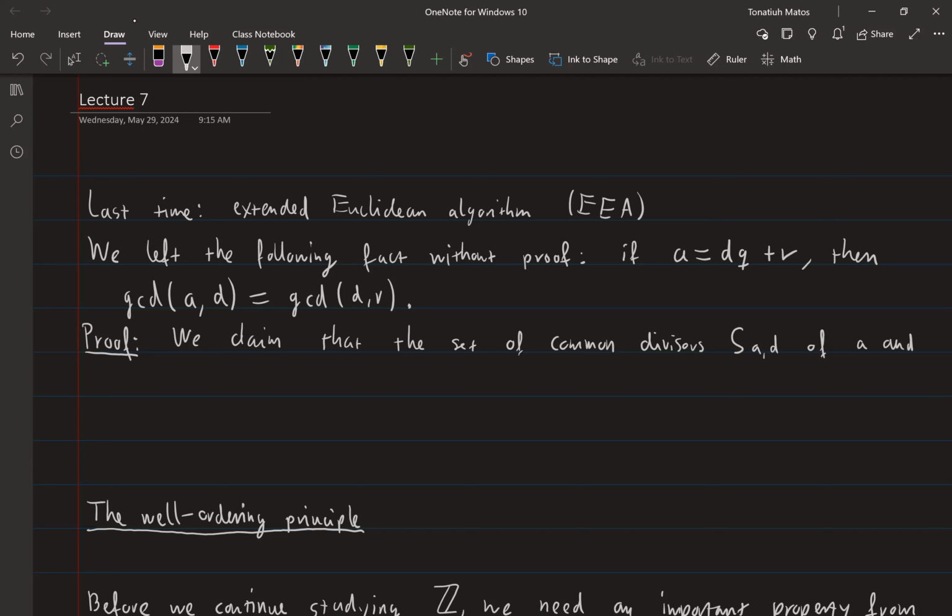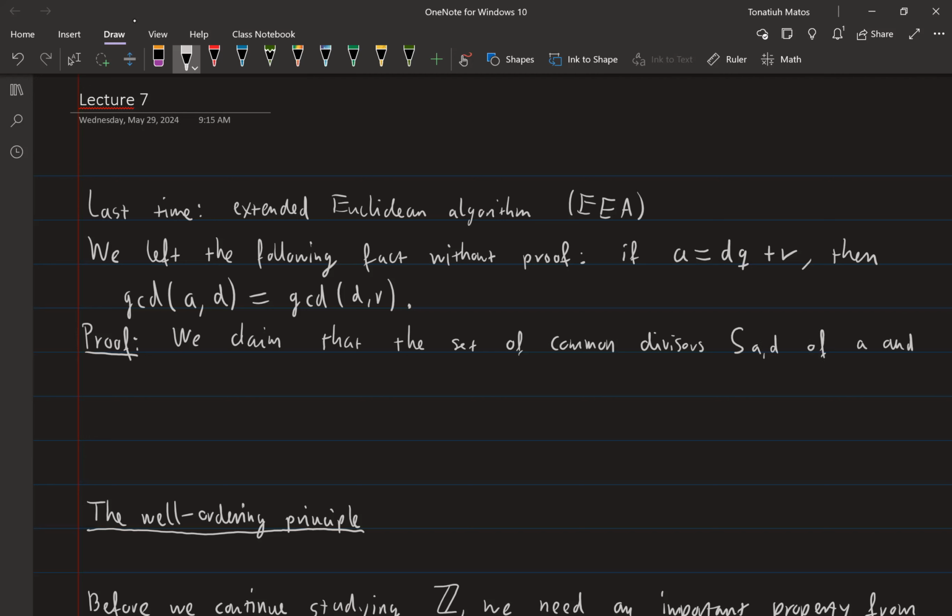So naturally, if both sets are equal, they must have the same largest element. So it would be enough to prove this, which is of course a stronger statement. It will not always be the case that two GCDs being equal follows from the fact that they have the same common divisors. This is just more of a coincidence in this case.